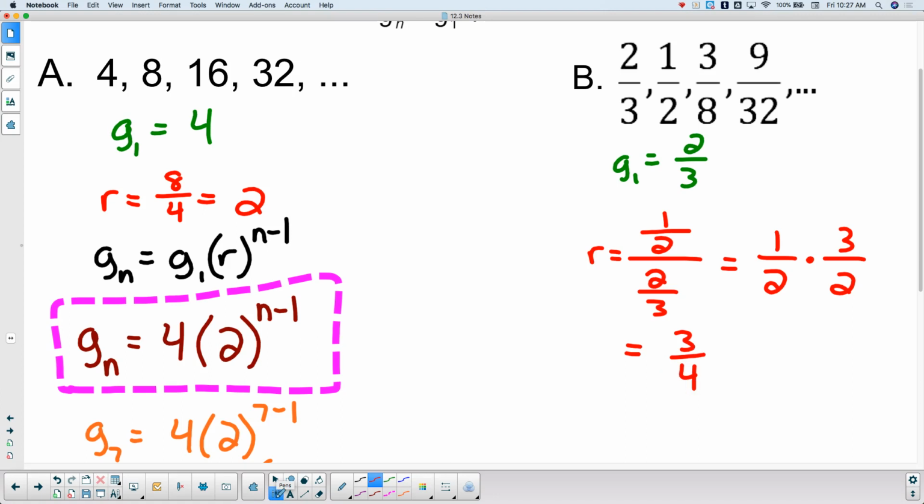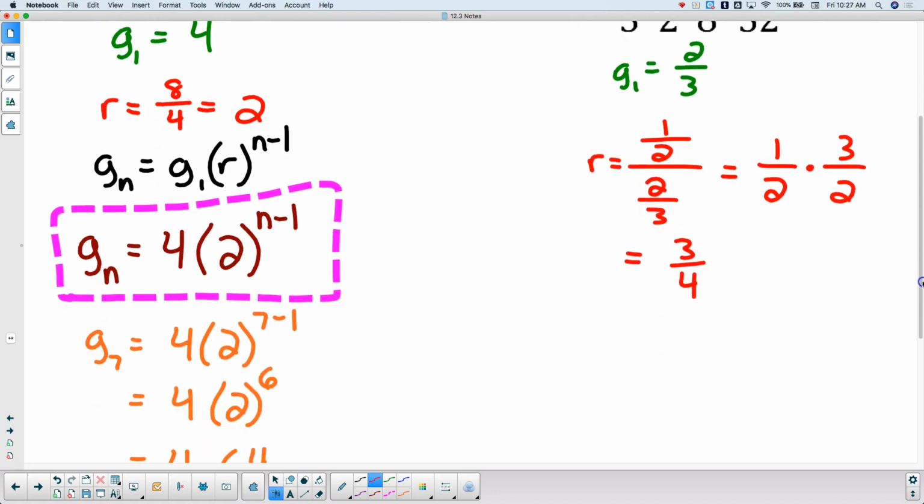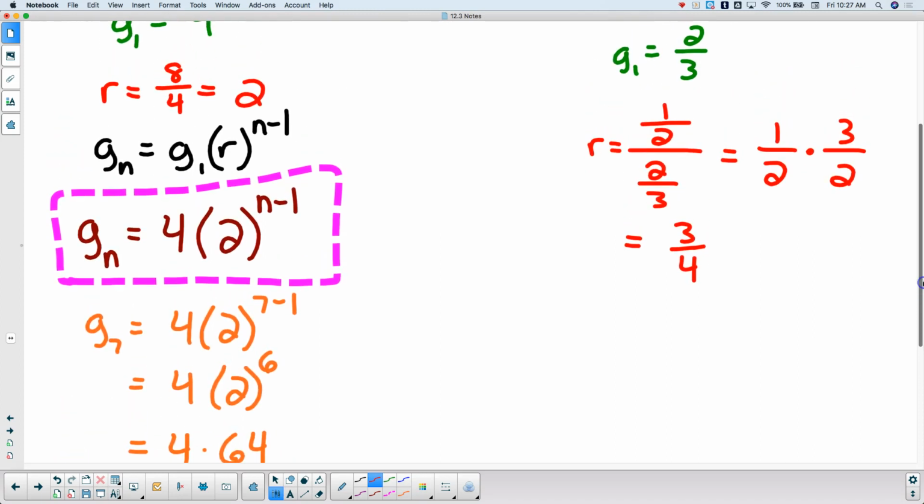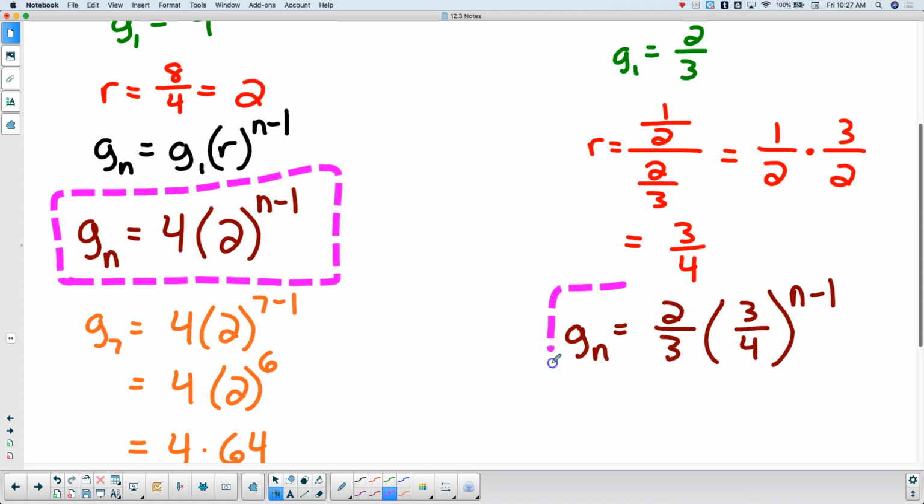So that's going to give me an R value of 3/4. If I have an R value of 3/4 with a first term of 2/3, that would give me a rule of 2/3 times 3/4 to the n minus 1 power. Okay.